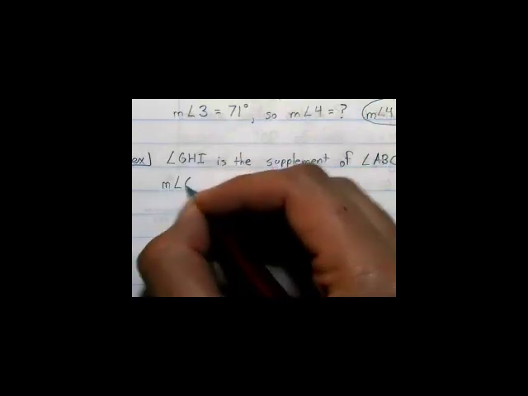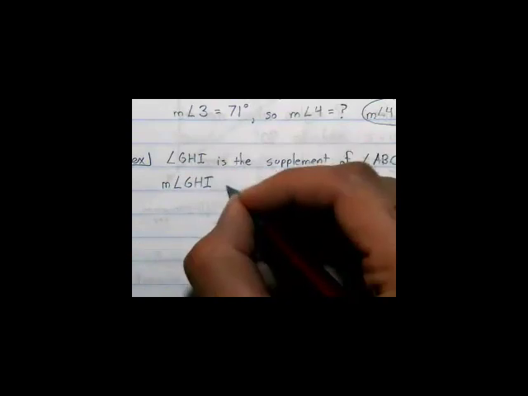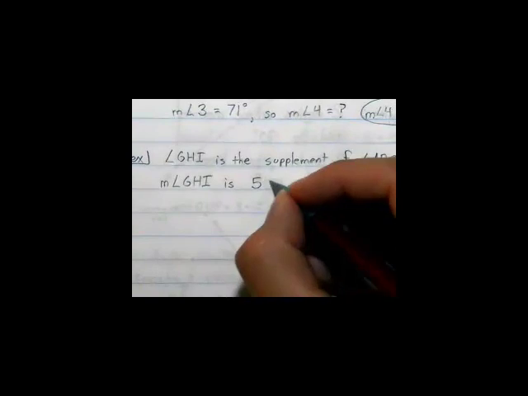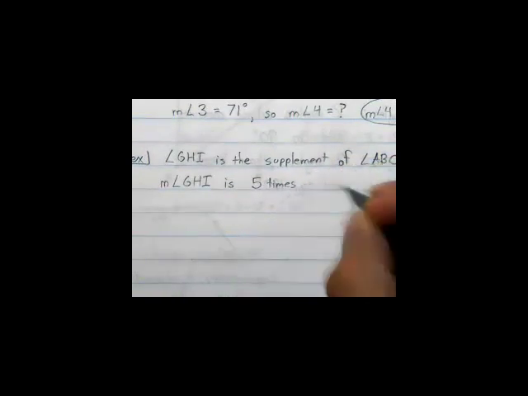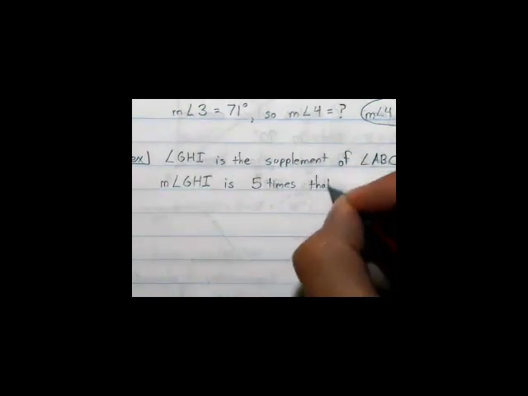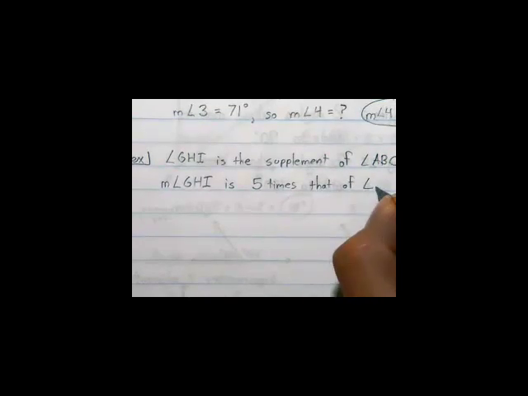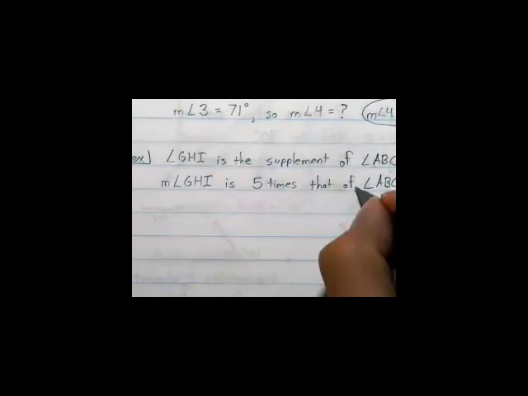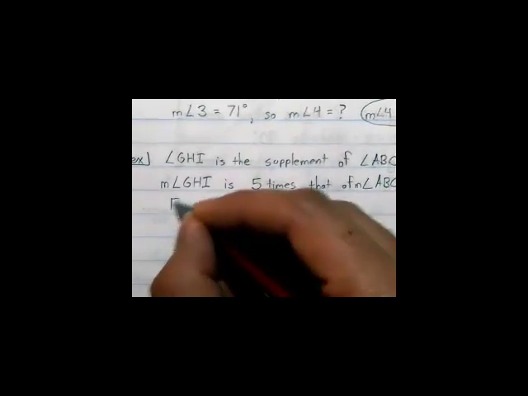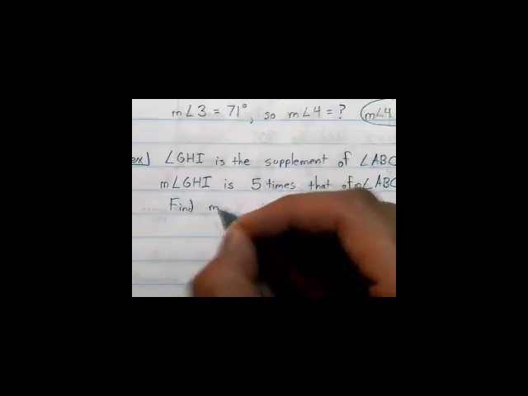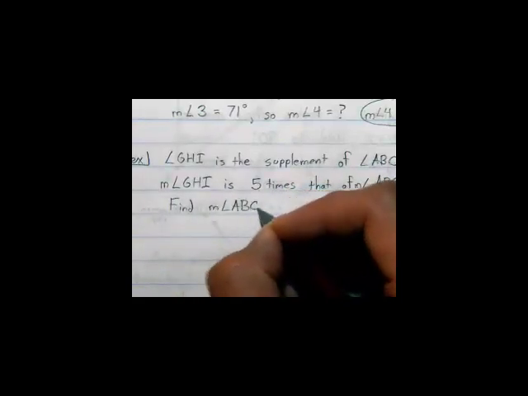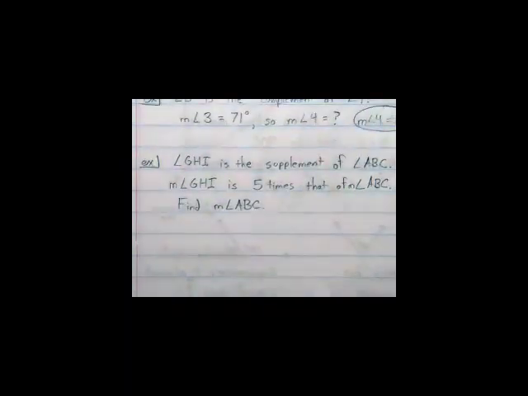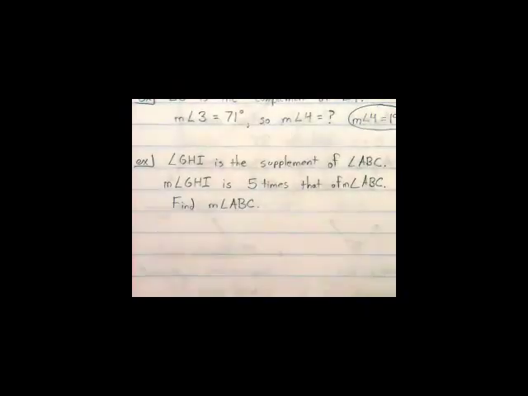And let's see, the measure of GHI is 5 times that of angle ABC. So find the measure of angle ABC. All right, so this one's going to take a little bit more thought.